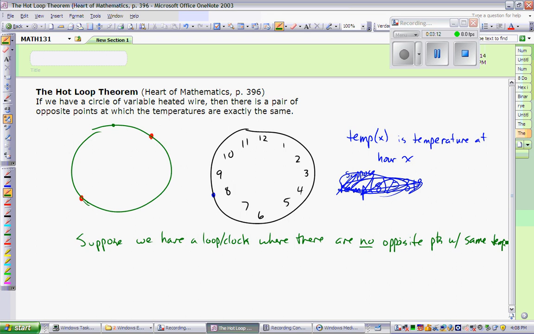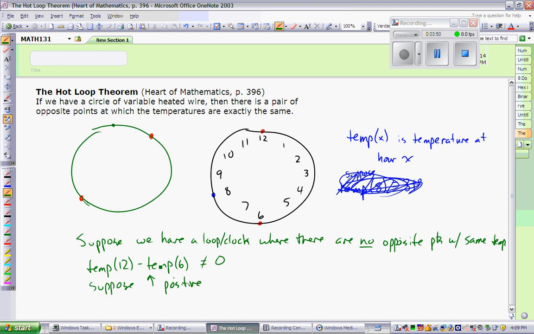So that means, let's take temp 12 minus temp 6, let's look at this value and analyze it. So we're looking at the temperature here minus the temperature there. It should make sense that it cannot equal 0, right? Because otherwise we would have opposite points with the same temperature. They would equal 0 if they were the same temperature. So without loss of generality, let's suppose this is positive.